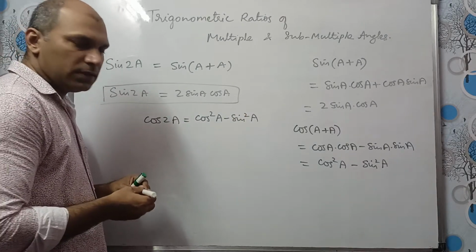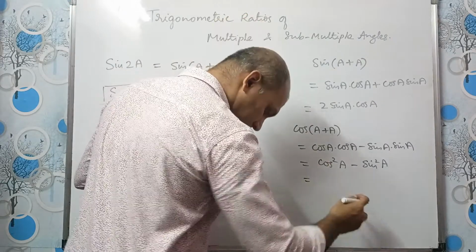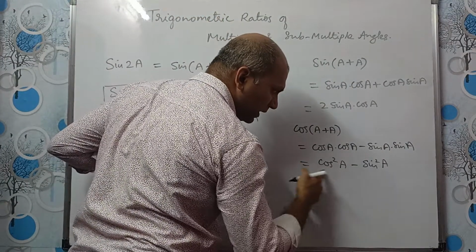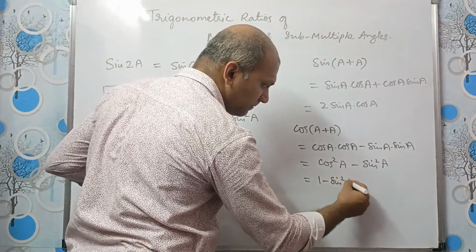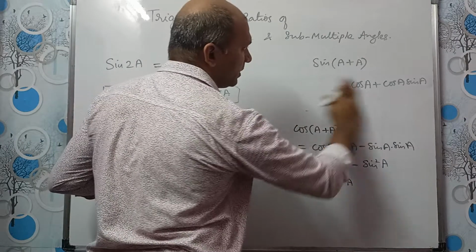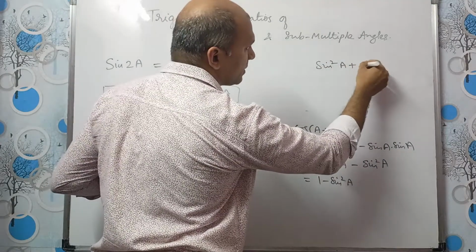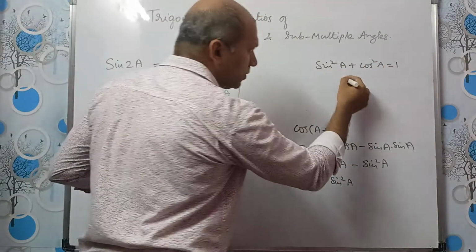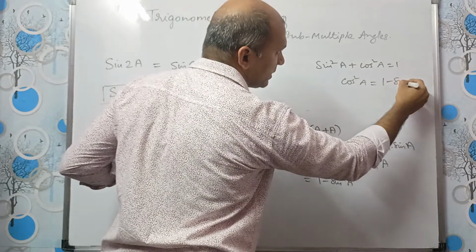Okay. There is one more variant of this formula. What is that? See, in place of cos square A, can we write 1 minus sin square A? Yes. From this identity, sin square A plus cos square A is equal to 1, right? So cos square A will be equal to how much if you set sin square on the other side?